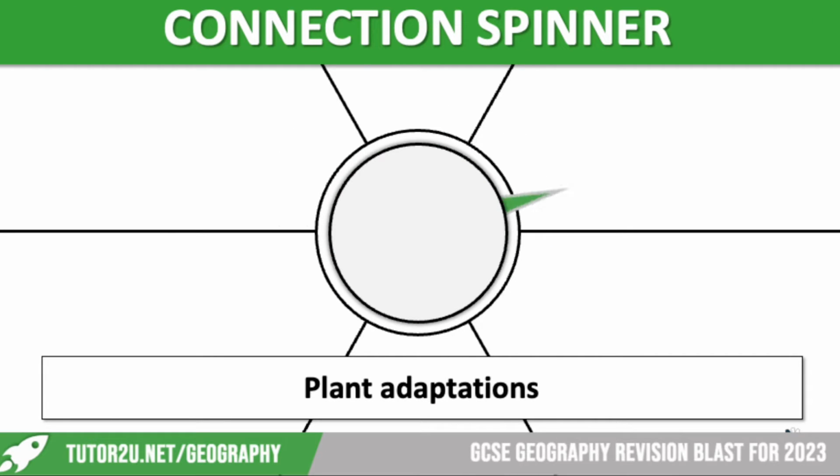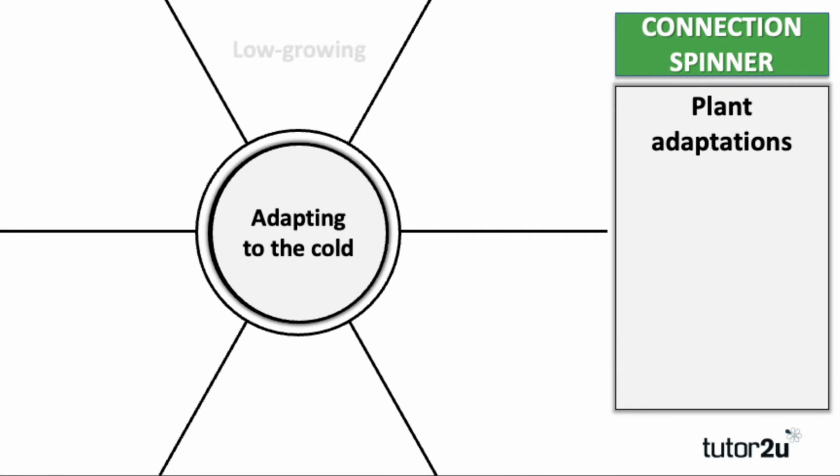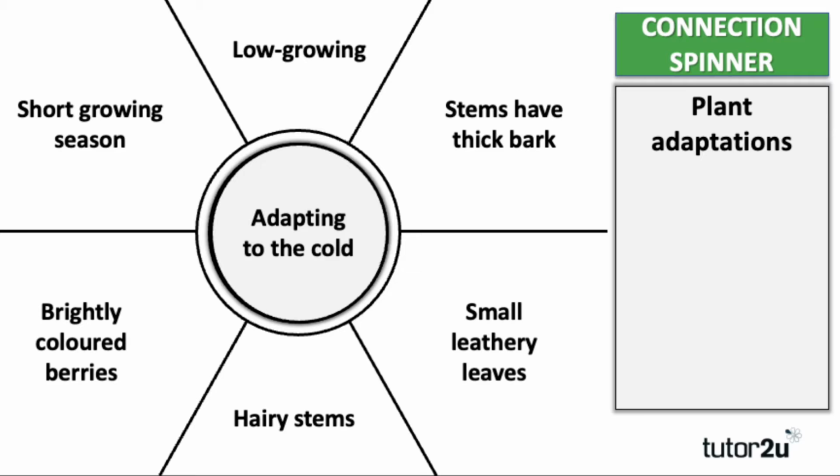So we're going to have a look at this connection spinner activity, and we're going to have a look at plant adaptations in particular. So what we've got on the screen are a number of different plant adaptations that feature in tundra environments in particular.